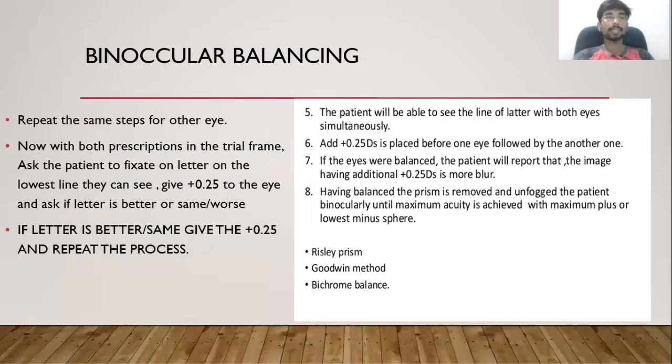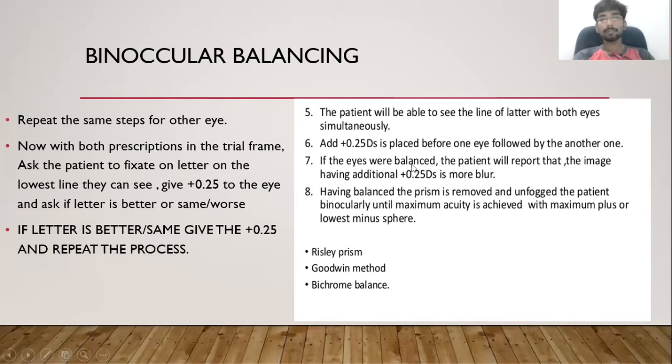Next is binocular balancing. We have checked sphere and cylinder for the right eye. Now we have to check the sphere and cylinder for the left eye also. After checking both eyes, plus 0.25 diopter sphere is placed before one eye followed by the other.